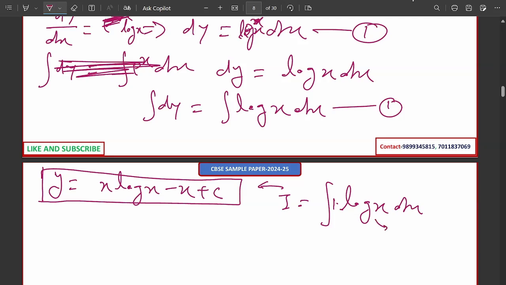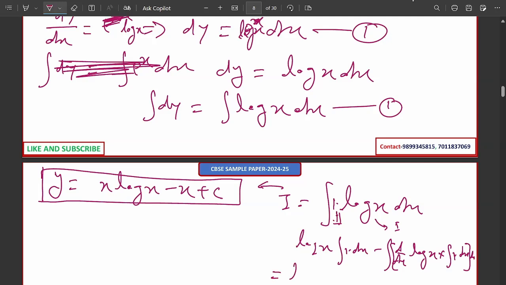This is a first part and this is a second part. So log x as it is into integration of 1 dx minus integration of differentiation of log x into integration of 1 dx, and now dx.